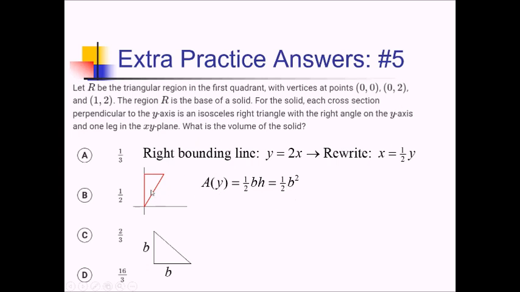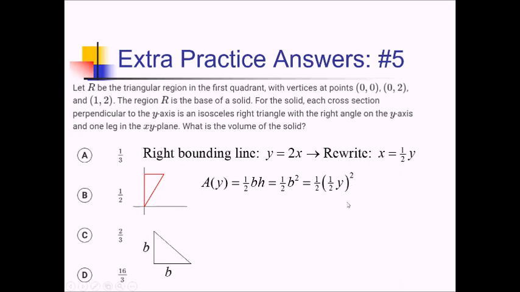Since that's the distance from our axis right here to this line, this x equals 1/2 y is just giving me the distance from one end to the other here. So I can just rewrite this as 1/2 times (1/2 y) squared, because this base is just this x value that you get when you plug a y value into this line.